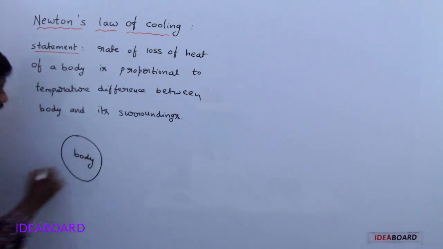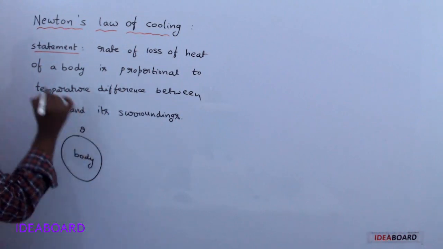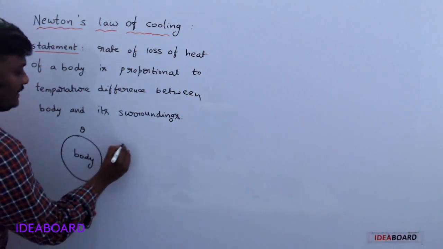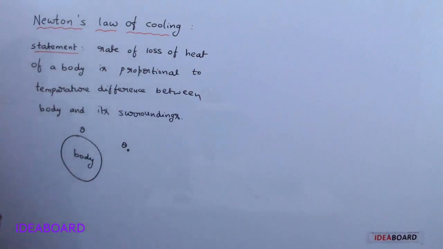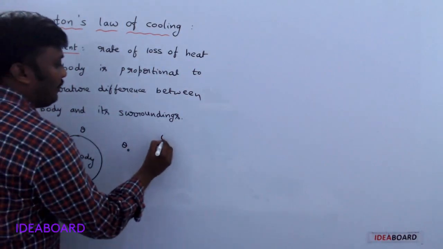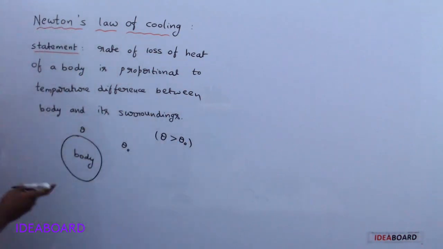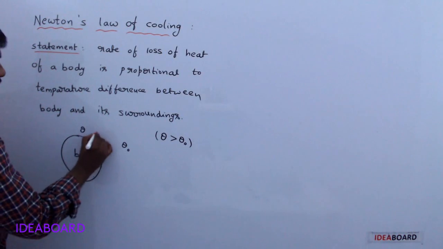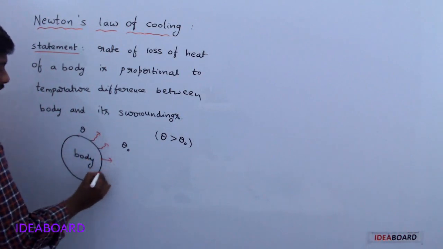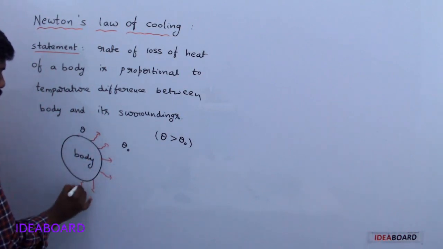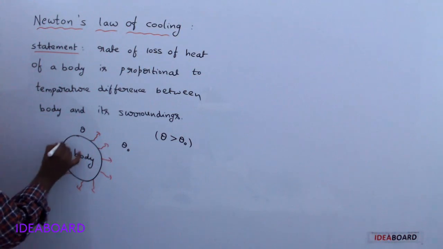If you consider a body whose temperature is theta and its surrounding temperature is taken as theta naught. If the temperature of the body is greater than the surrounding temperature, then what happens? The body radiates more radiations.